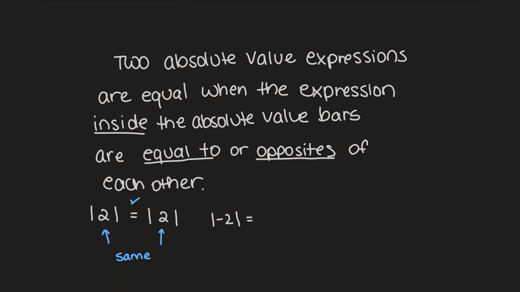Also, absolute value of -2 is equal to absolute value of -2, and we also have the expressions on the inside the same. And absolute value of 2 is also equal to absolute value of -2, which is true, and we have the expressions on the inside as opposites.